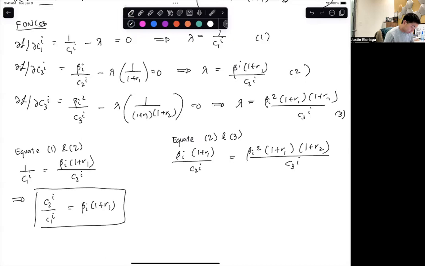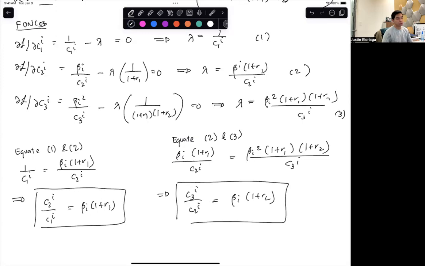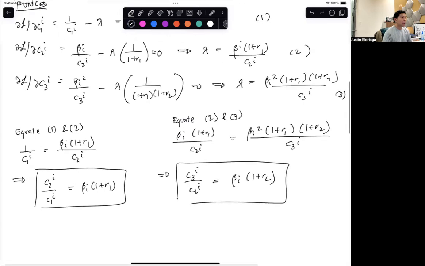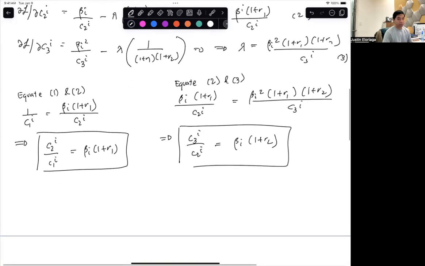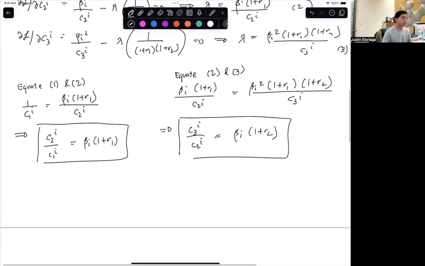If I solve for C3i divided by C2i, that will be equal to beta i (1 plus R2). This is the second equation I wanted. So I'll have those two equations with me now.